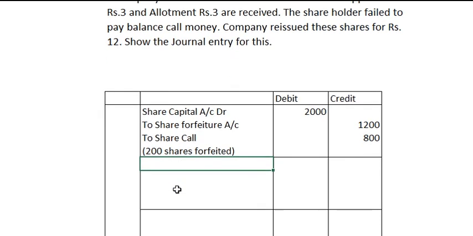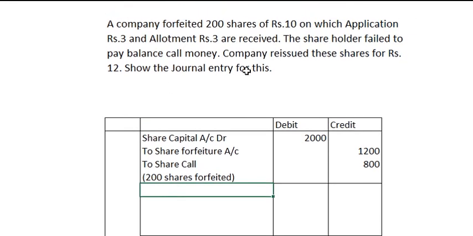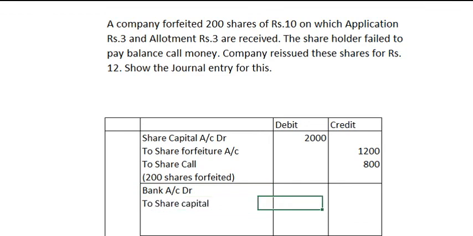Next, the company reissued these shares for rupees 12. Whenever the reissue receives cash, the entry is Bank Account Dr. to Share Capital. This is the entry on reissue. Bank Account debit, how much will we receive? 200 shares are reissued at rupees 12, so the amount will be 2,400. And to Share Capital, how much? 200 into the actual value of the share.